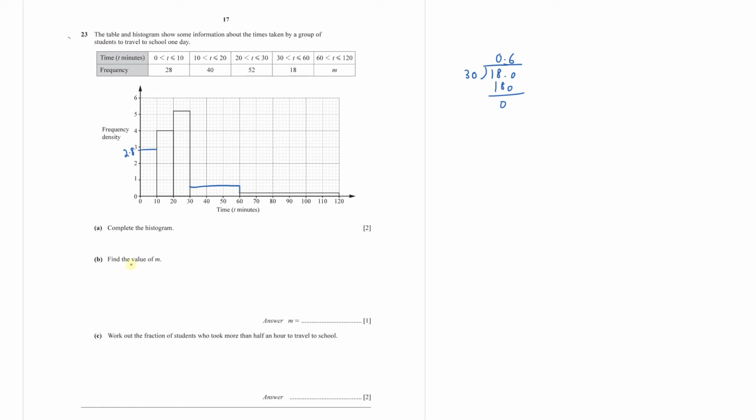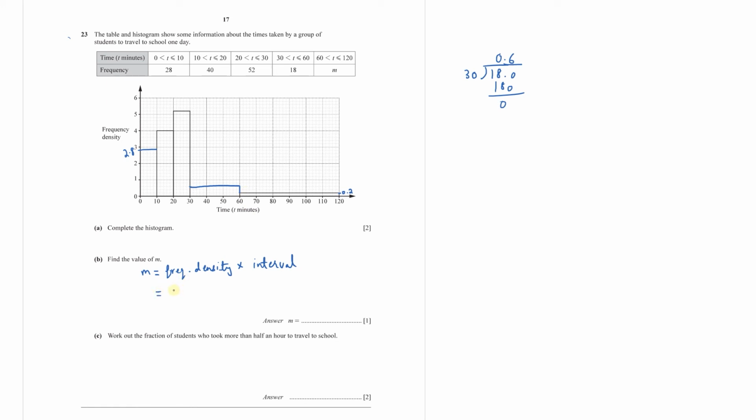Part B is find the value of M. For M, we know that the frequency density here is just one block high, so this would be 0.2. The value of M, which is the frequency, is basically the frequency density multiplied by the interval, to get the area under this histogram in this interval.